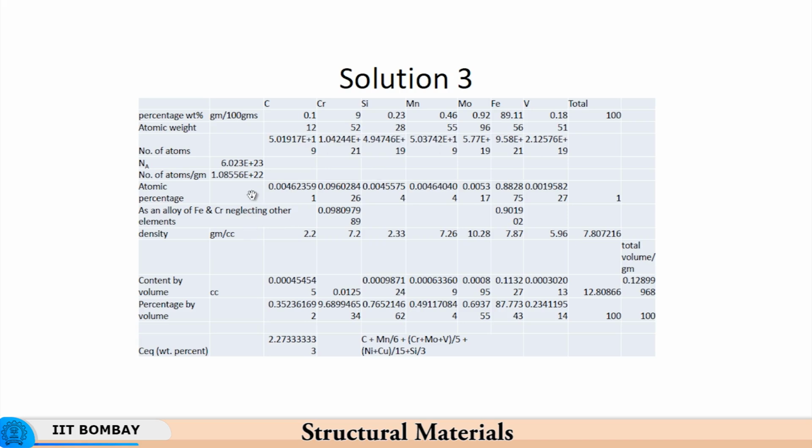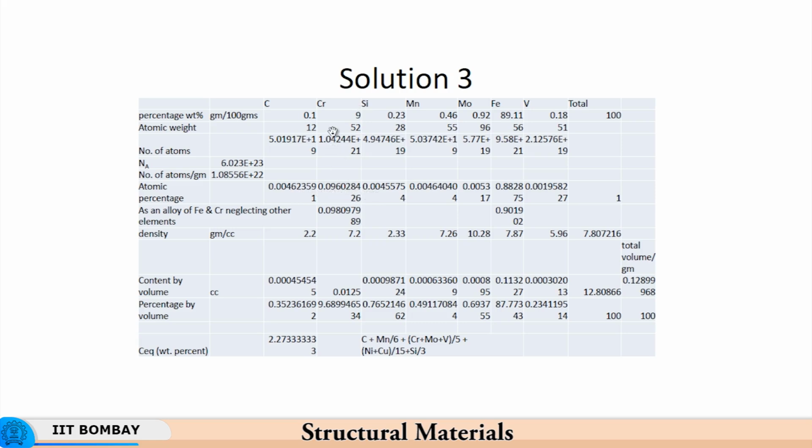So the corresponding atomic percentage is 5.019 into 10 to the power 19 divided by this, which is 0.0046 roughly, and the corresponding percentage of chromium is 0.096.